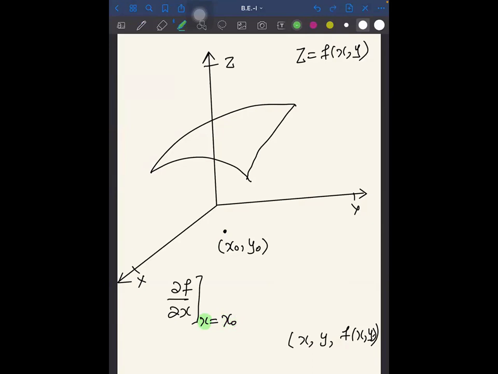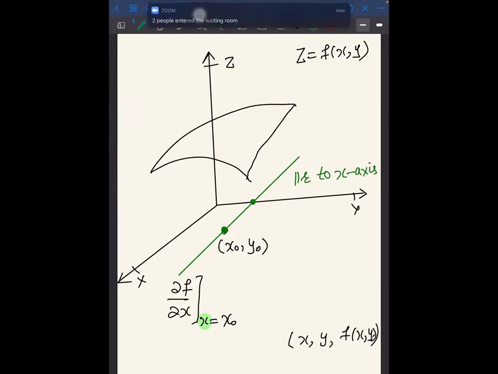So how I explained this? It is something like that. This is the line, and this line is passing through x naught and y naught. So certainly this is a line which is parallel to the x-axis, right? And then you think of a plane like this, which is slicing that sheet. When you slice this sheet, this kind of shape will occur.